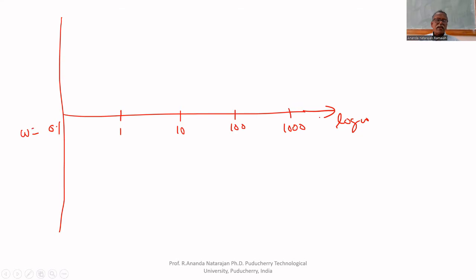Now we have to find the coordinate at omega equal to 0.1 for the first case, because we started there. What is that factor?